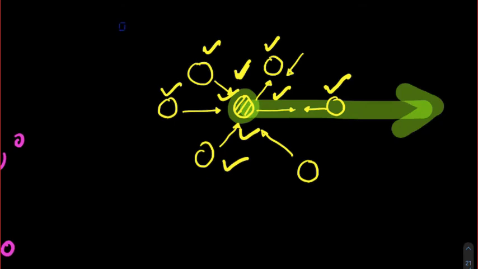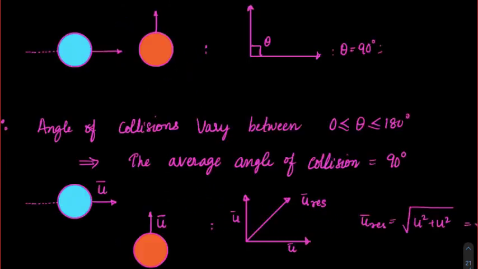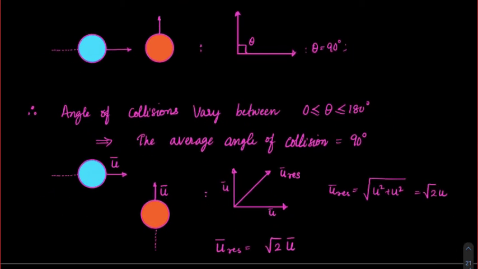So if I consider all those angles, what will be the average? If not, I will give you one reference on how to check out the collisions, because in physics we have not started with collisions yet, right? So I'll give you one reference, just go through that, you should be able to understand. The average angle that it will sweep is around 90 degrees.